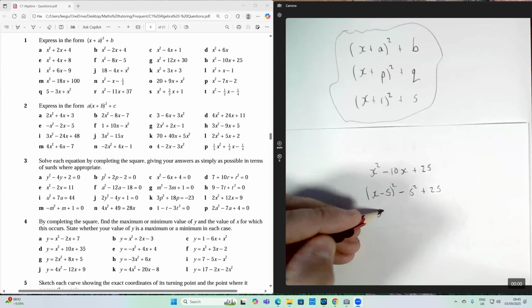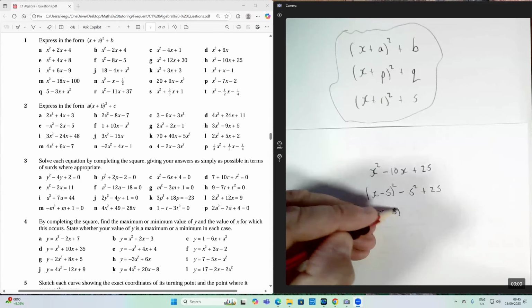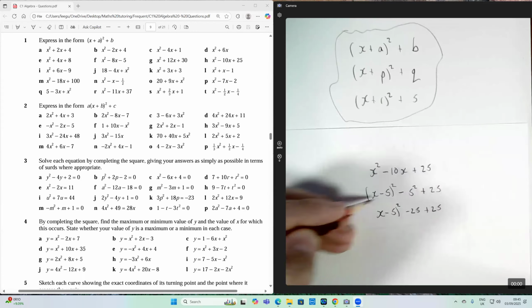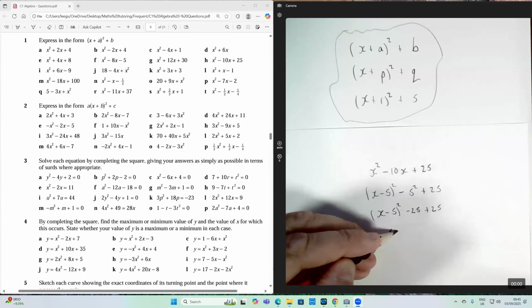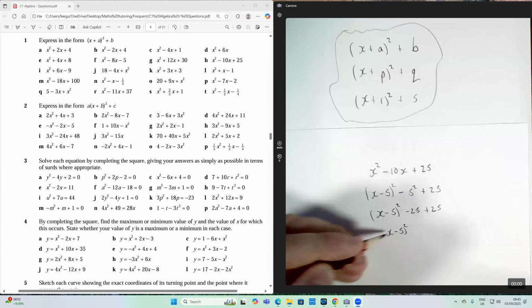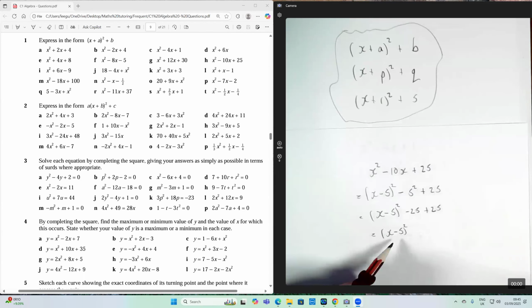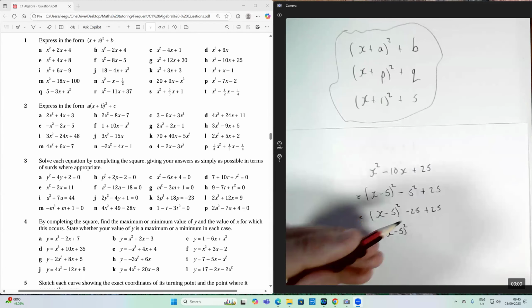So in this particular one, I've ended up with x minus 5 squared minus 25 plus 25. They're going to cancel, and my answer is going to be x minus 5 all squared.